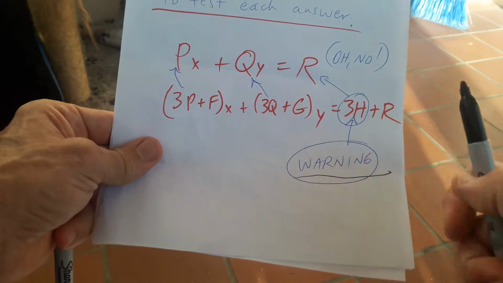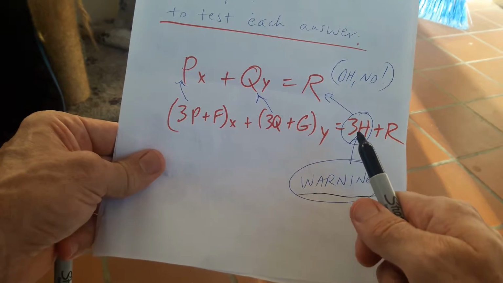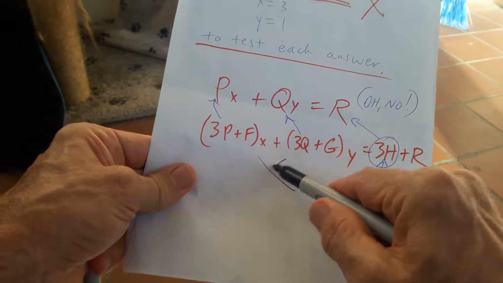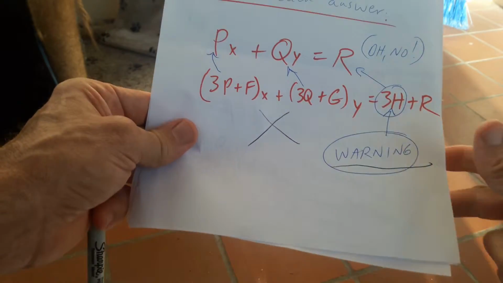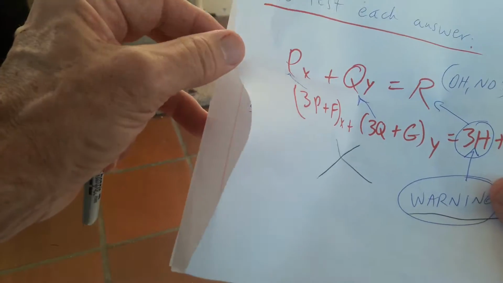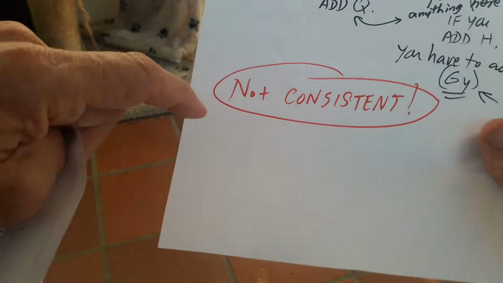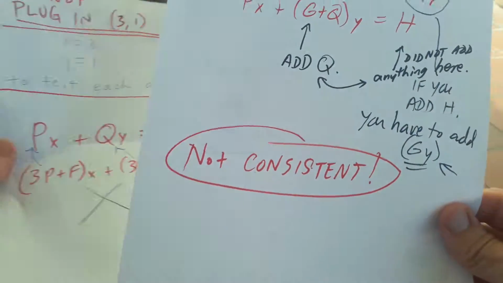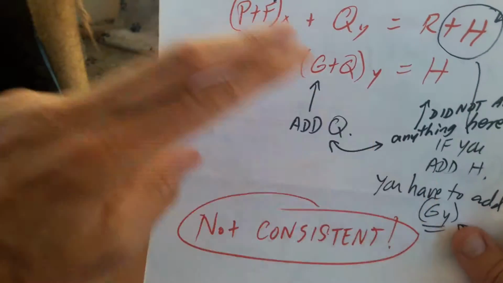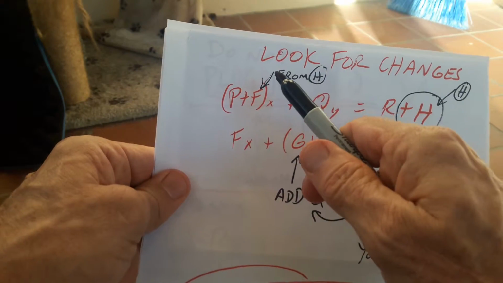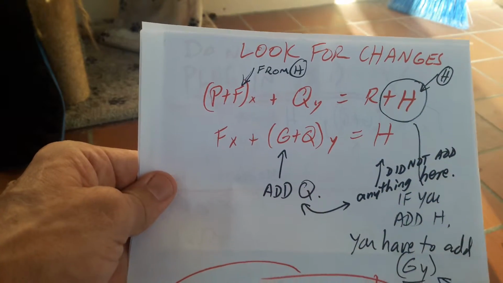Uh-oh. They didn't multiply the R, they multiplied the H. This is not consistent. If you come up with that statement, it's not consistent, then you have to say that's wrong. What you're doing is you're looking for changes.